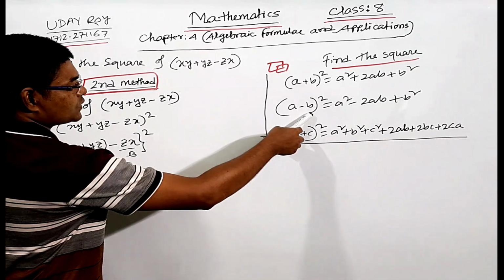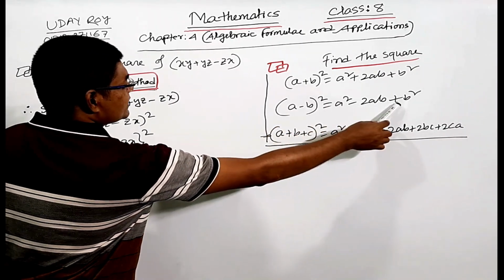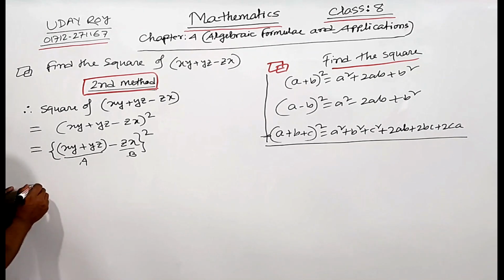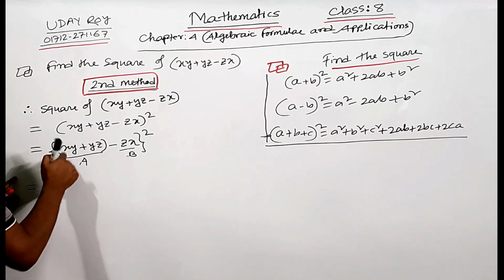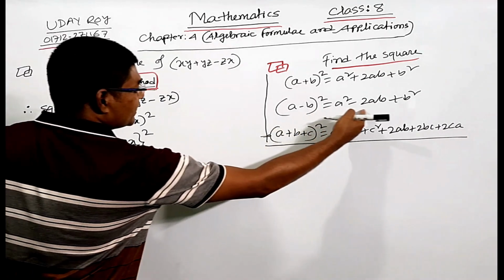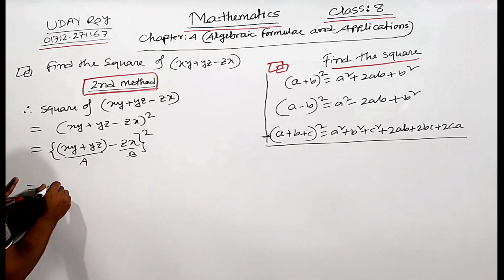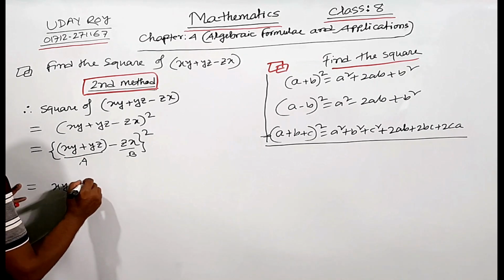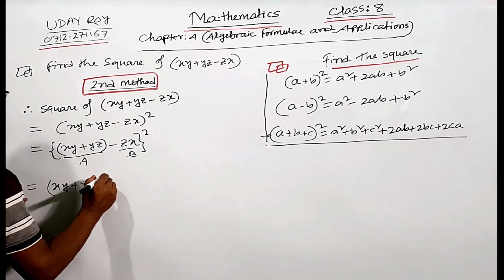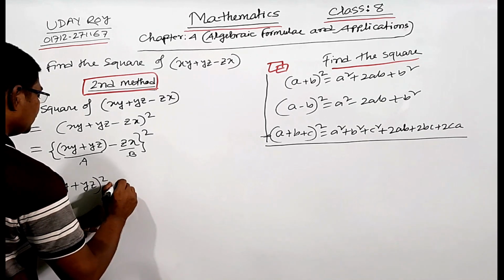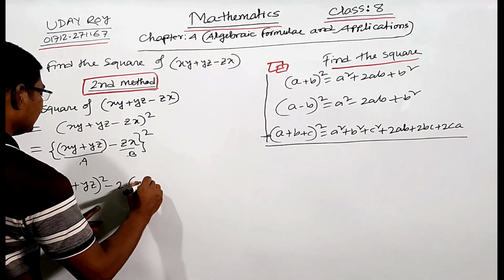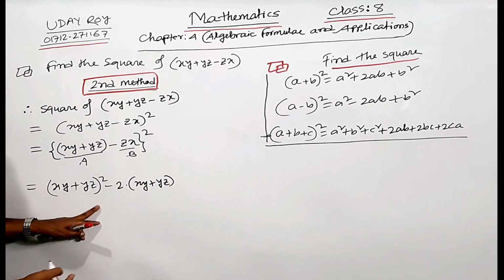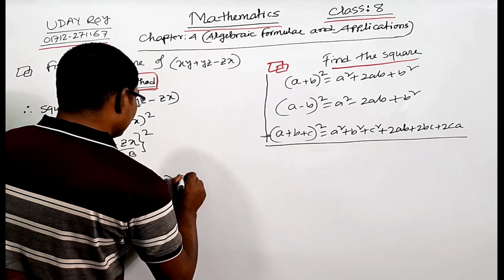A minus b whole square equals a square minus twice ab plus b square. So we can write a square, here is a square minus twice ab plus b square. That means a square, xy plus yz, this is a square, minus 2a, xy plus yz, this is a and this is b.